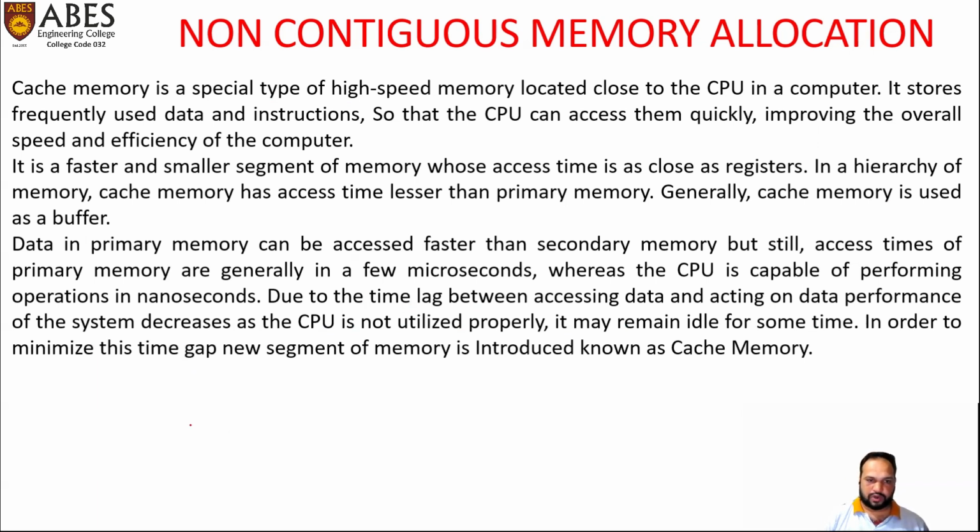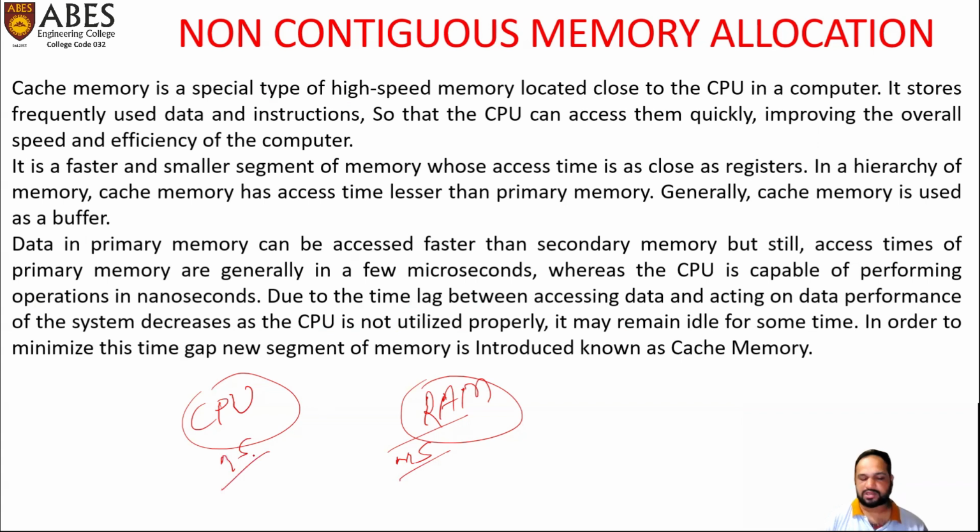Look, actually, what is happening here? See, let us take this is our CPU, and this is our primary memory. Primary memory can be accessed in microseconds, and the CPU can perform operations in nanoseconds.